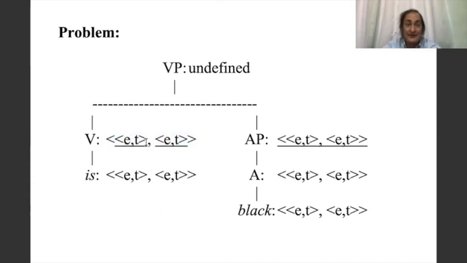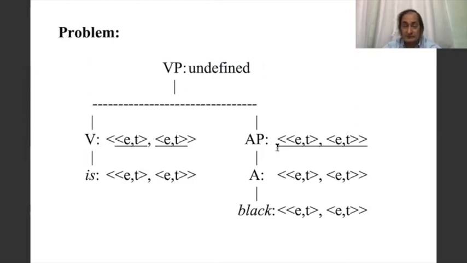Or we could try the other way around. This says take something of type ET as argument, but that isn't of type ET either. So these two things can't go together at all. And we end up with something undefined.